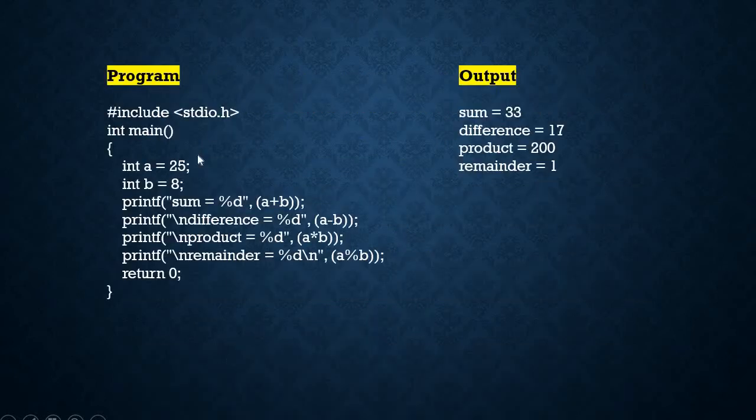A program which depicts the arithmetic operators: int A = 25, int B = 8. I have assigned A the value 25 and B the value 8, and directly I have used all the operators in the print statement. Here I have printed A + B directly without using any additional variables.